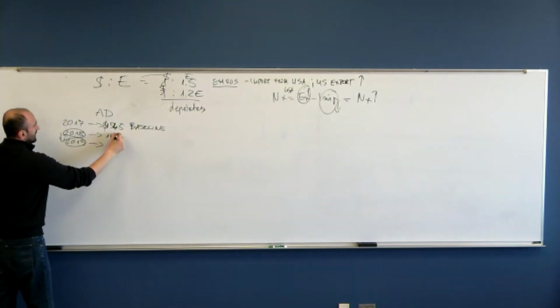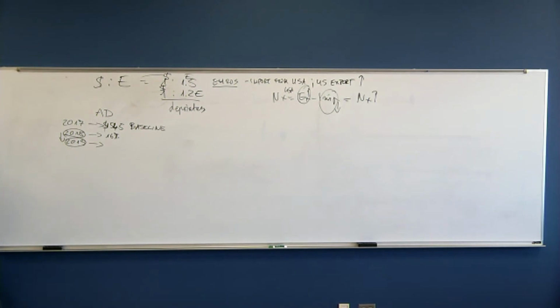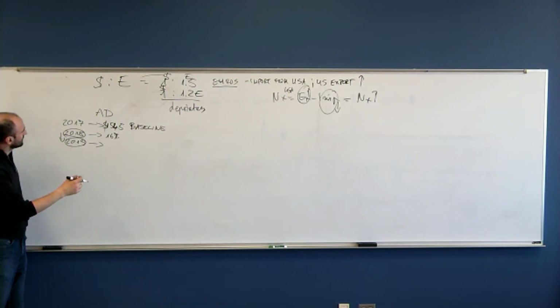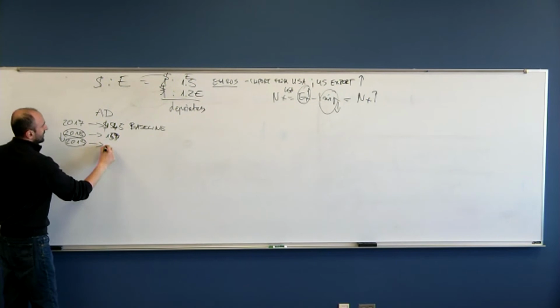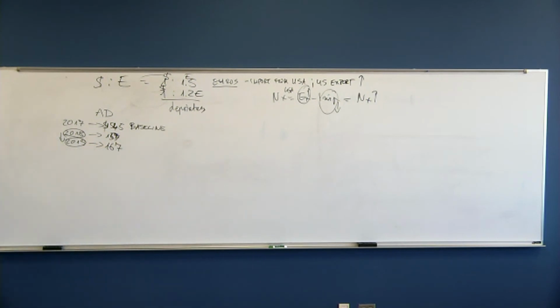Then it was something like 161, I believe, or 159, and then 167, something like that. So the value of the CPI is increasing. And I asked you to calculate the inflation rate between these two years.